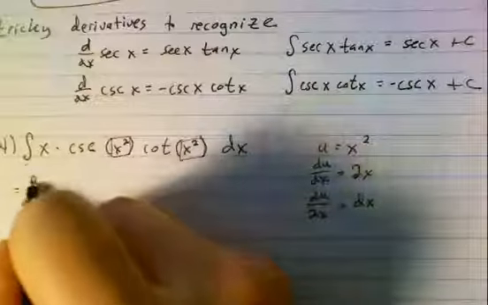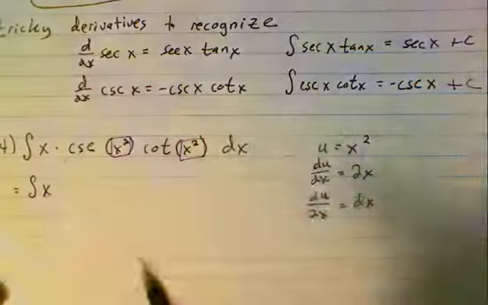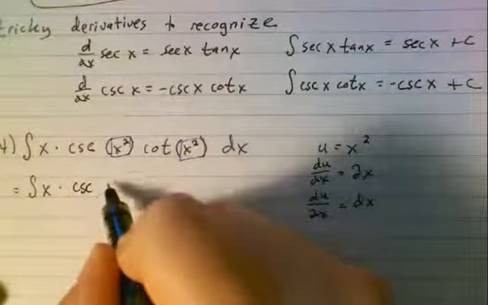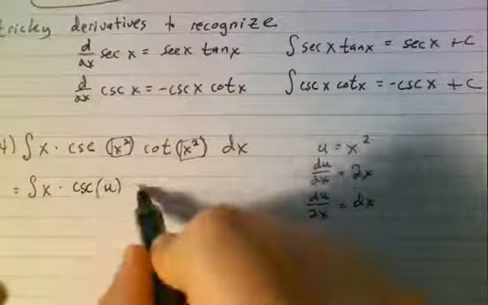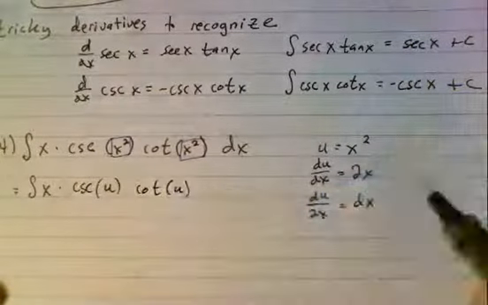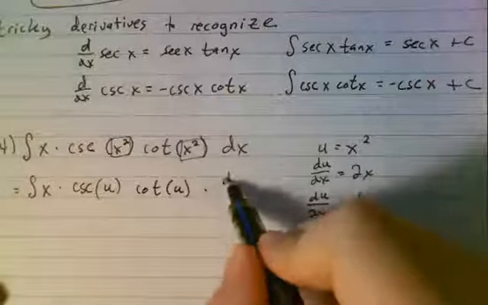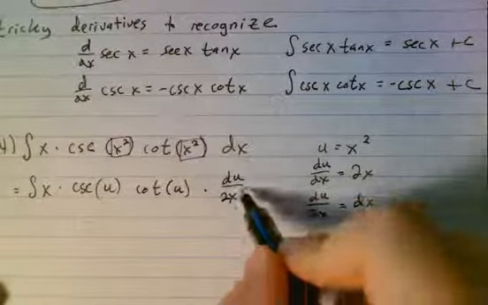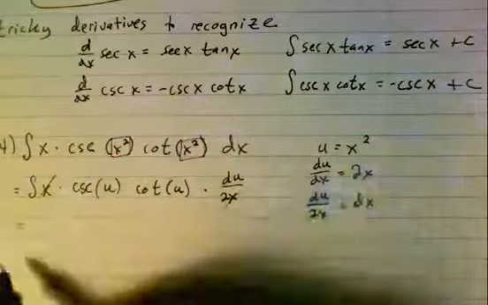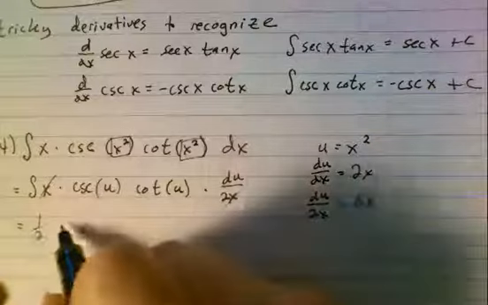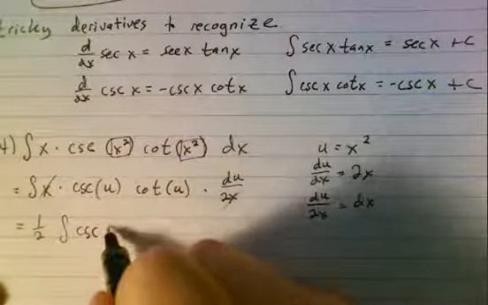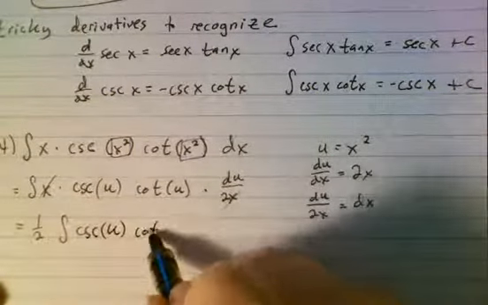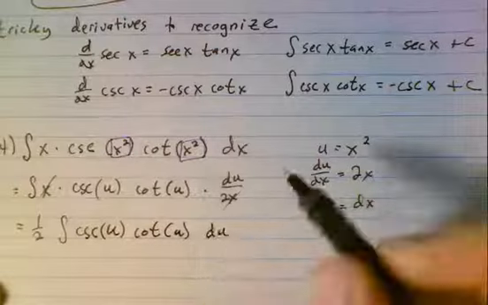So what we do is we get the antiderivative of x, cosecant u, cotangent u, and then du over 2x. So that x cancels out. Got a 1/2 along for the ride, antiderivative of cosecant u, cotangent u du.